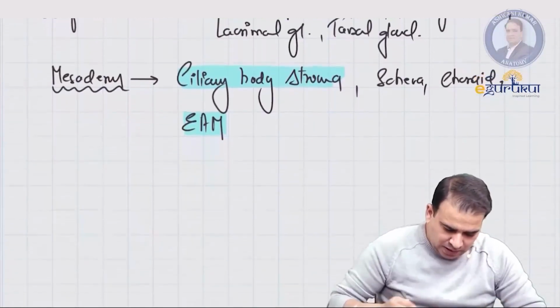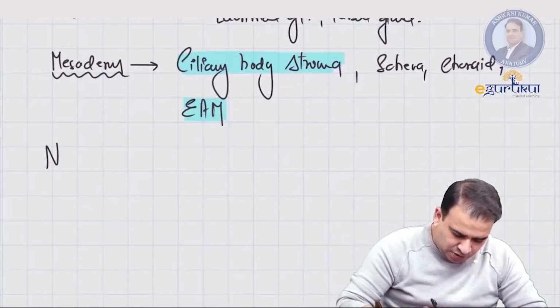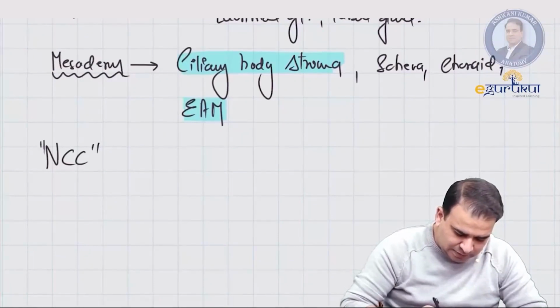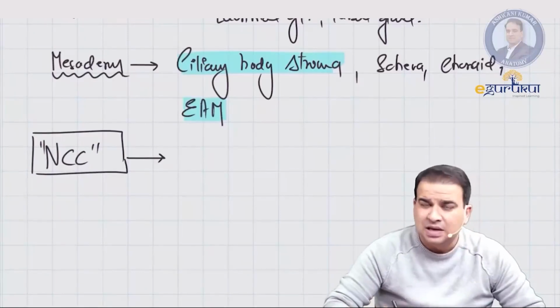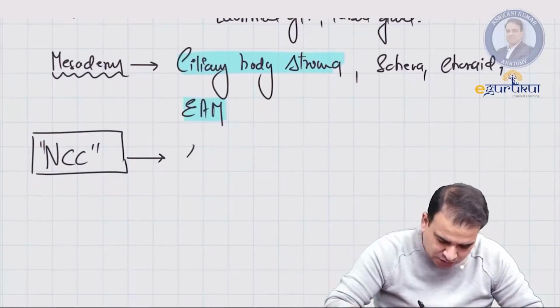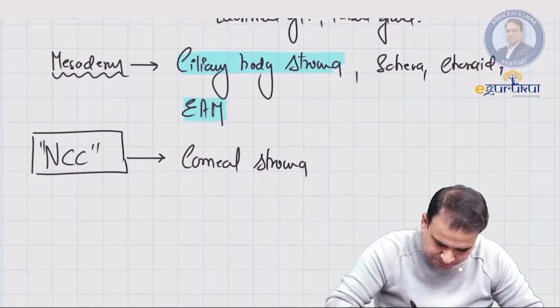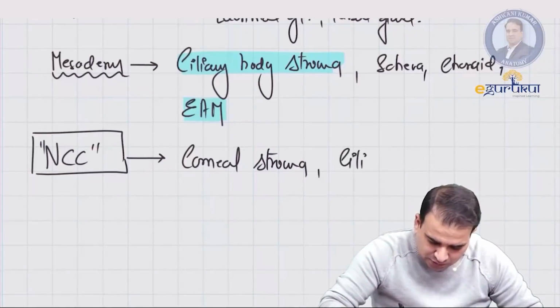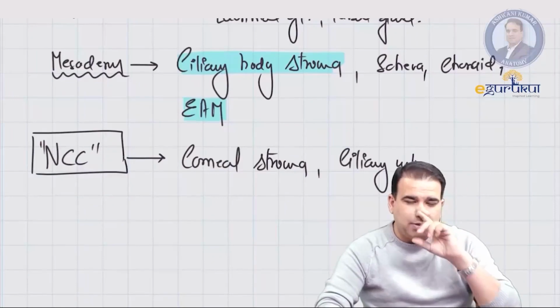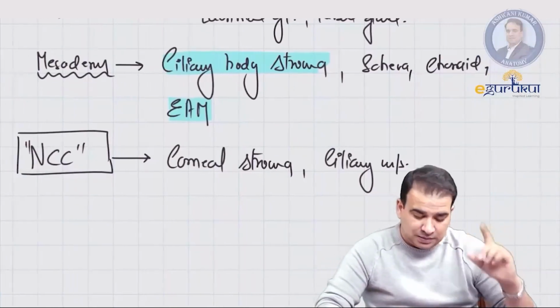And then comes the most important, from where the questions are maximum expected, that is neural crest cells. It will always be important. The neural crest cells will give rise to the corneal stroma, and it will also give rise to the ciliary muscles. The pupillary muscles, sphincter pupillae and dilator pupillae, are from where?